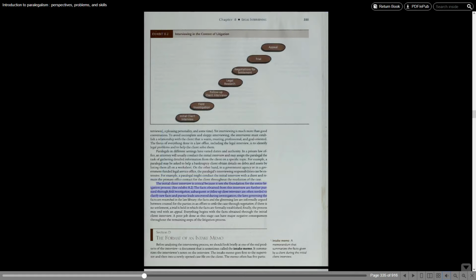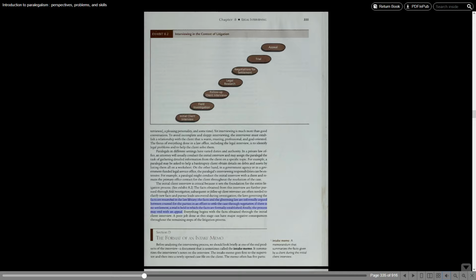The initial client interview is critical because it sets the foundation for the entire litigation process. See Exhibit 8.2. The facts obtained from this interview are further pursued through field investigation. Subsequent or follow-up client interviews are often needed to clarify new facts and pursue leads uncovered during investigation. The laws governing the facts are researched in the law library.